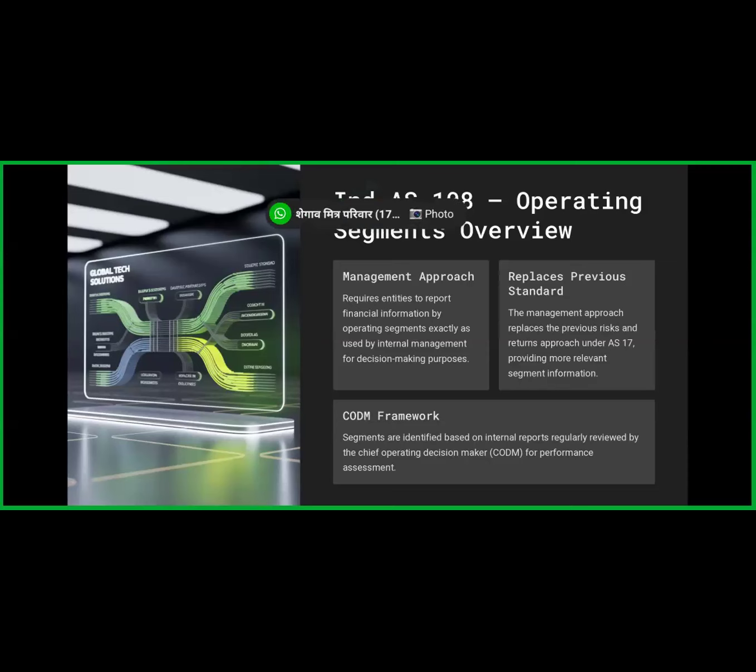That means the company needs to provide the financial information for each and every segment separately, for use by the internal management, the CEOs, the managing director, and the chief financial officers, for decision making purposes.